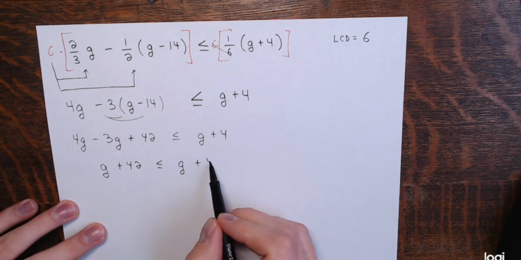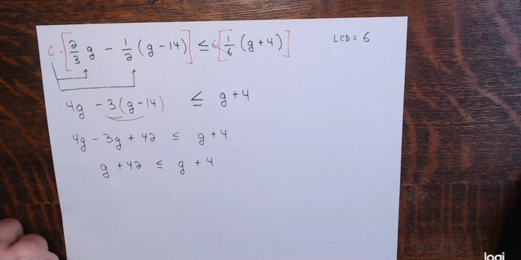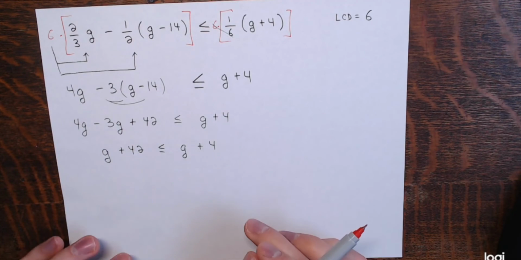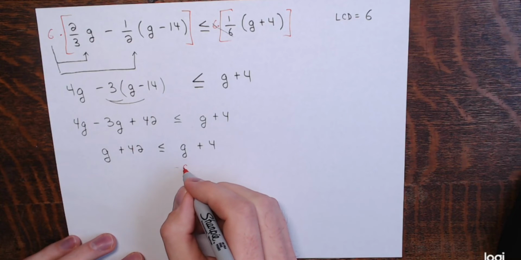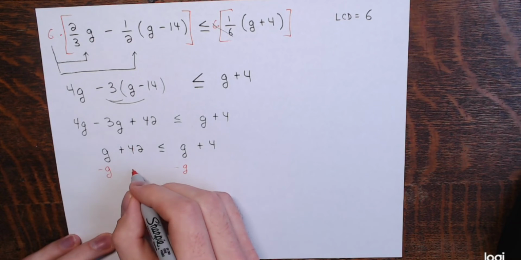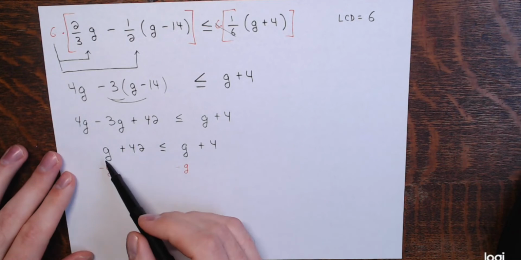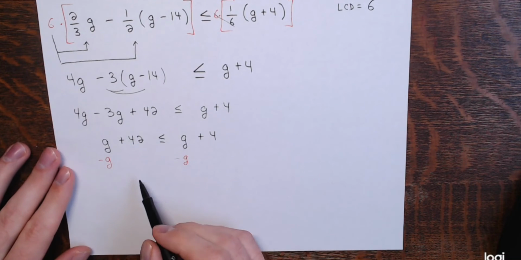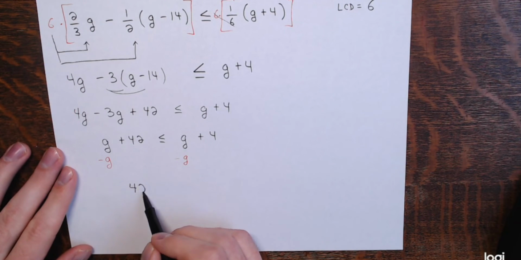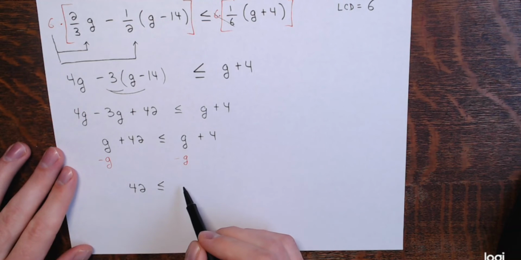If I take everything with a g on one side and everything without a g on the other, and subtract g from both sides, you'll see what happens. The g's are gone, and I'm left with this statement: 42 on the left is less than or equal to 4 on the right.